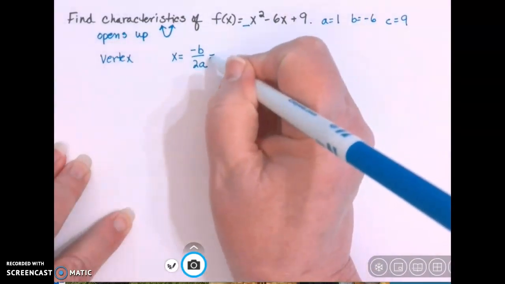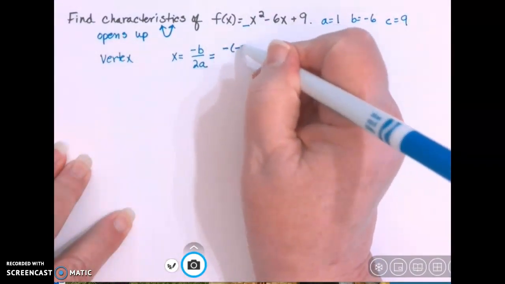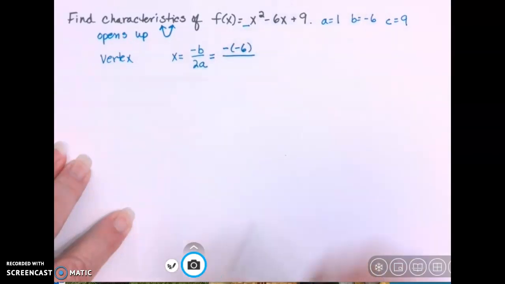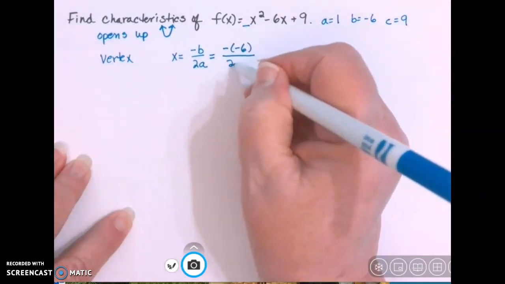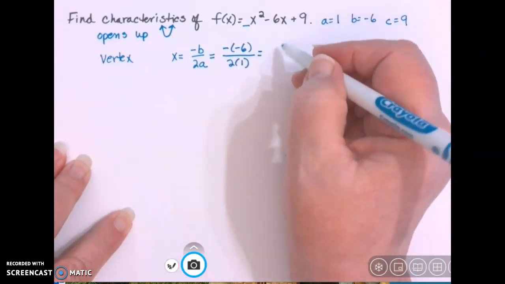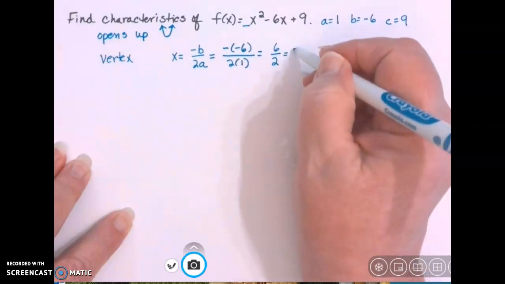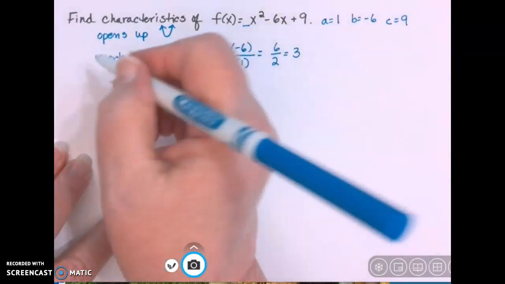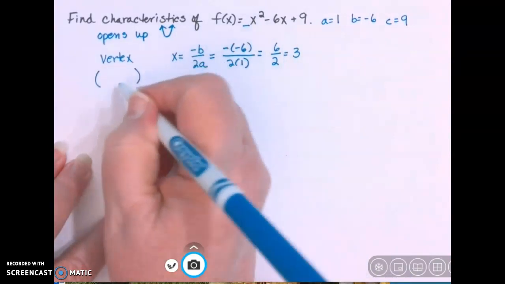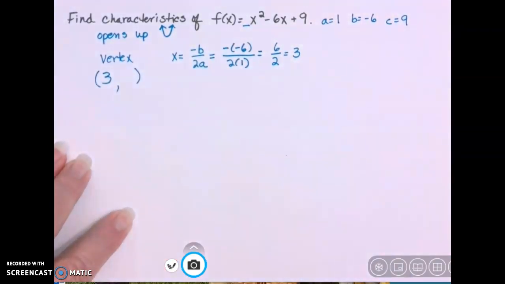So that x-coordinate will be x equals negative b, so the negative of negative 6, over 2 times a, which is 1. That gives us positive 6 over 2, which tells us that the x-coordinate of our vertex, remember this is going to be an ordered pair, is 3.